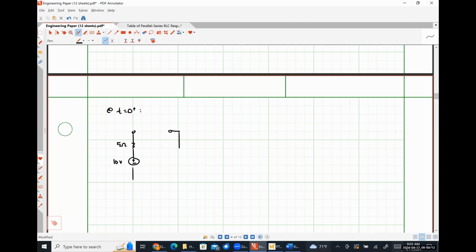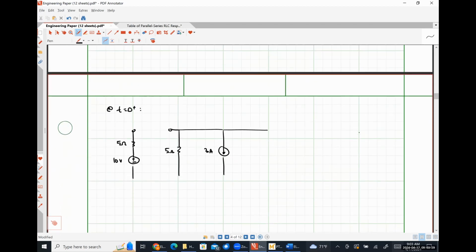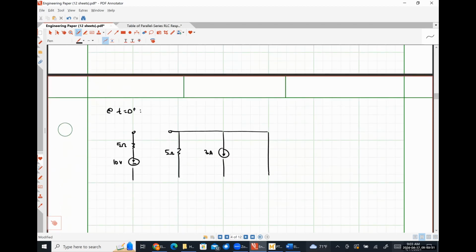Then I have a 5 ohm resistor, I'm gonna have a 3 amp current source direction down. My capacitor voltage was originally 0 volts, right? So my capacitor is gonna look like a short circuit. Here's my 1 amp source.